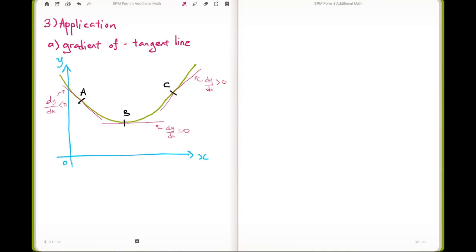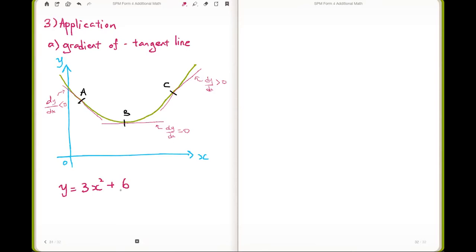Say for example, if you were given the equation, or maybe I want to use another equation despite our previous question, maybe y equals 3x squared plus 6, maybe.